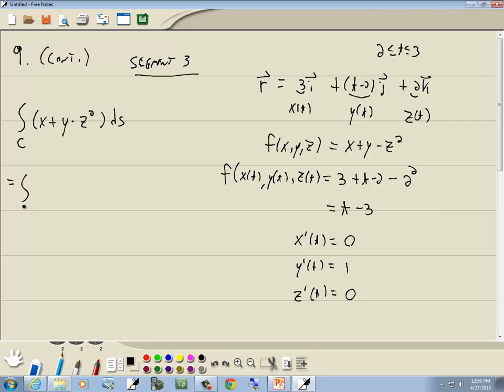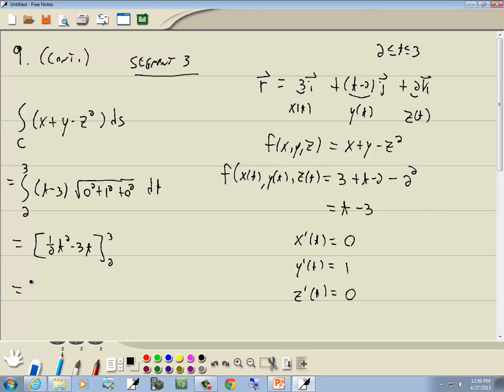So then, this is going to go from 2 to 3. We've got our function, which is t minus 3, times the square root of x prime squared, so we got 0 squared plus y prime squared plus z prime squared dt. Well, all these drop away. 1 squared is 1, square root of 1 is 1, so that even drops away. So the integral of t minus 3 is 1/2 t squared minus 3t from 2 to 3.